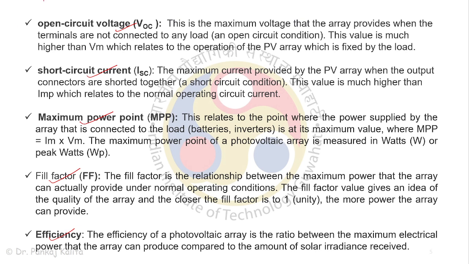ISC is the maximum current provided by the PV array in a short circuit condition, much higher than the maximum point at which the PV array is operational. Now this maximum power point is a very important term. Its application is very significant in the PV cell. It's the point where the power supplied by the array connected to a load is at its maximum value, corresponding to Im into Vm. So this is MPP, maximum power point.